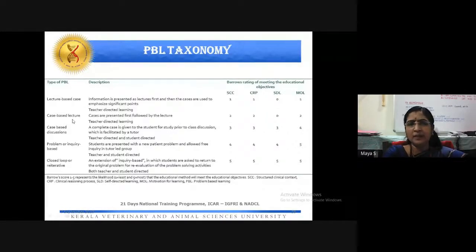When we implement a case-based lecture, that is the second type, when we narrate the cases first, then explain, then again there will be a slight improvement, because when they hear the clinical case for the first time before they learn that topic, then there will be an element of reasoning introduced and they will gain additional knowledge. So their knowledge level, or their motivational level will be a little bit greater.